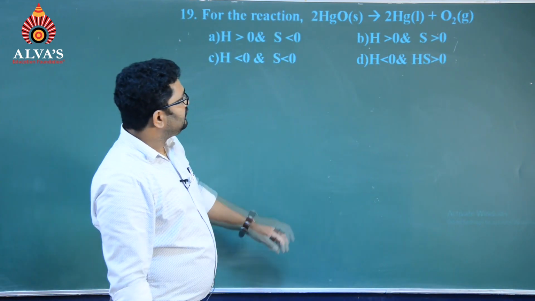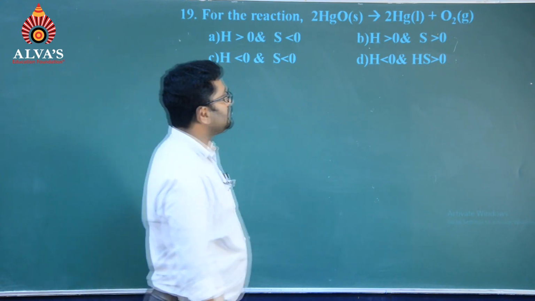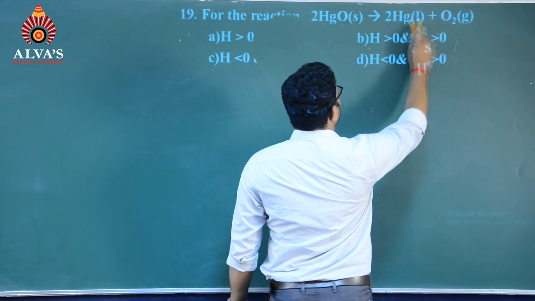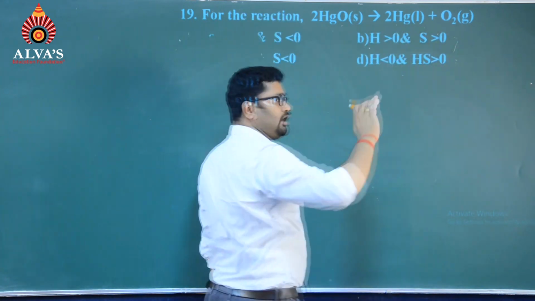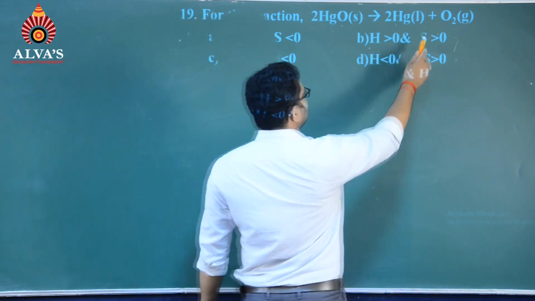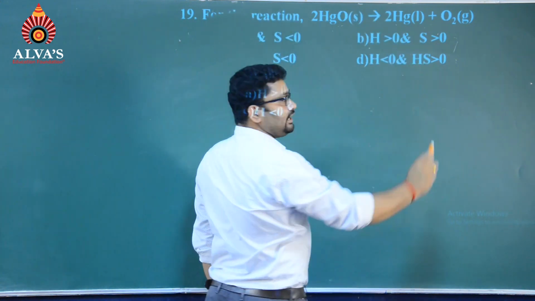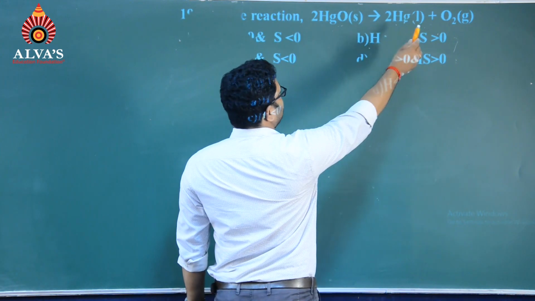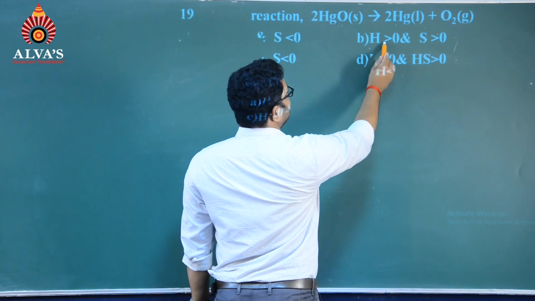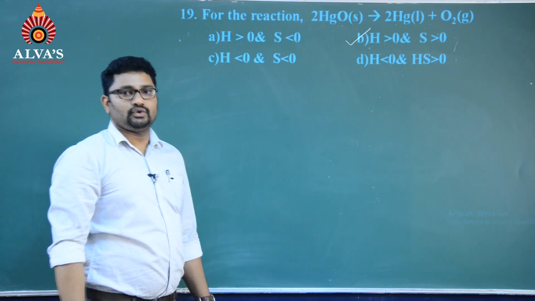Now, students, forward reaction is endothermic. Why? Because when you analyze the backward reaction, that is combustion of mercury, always the combustion reactions are exothermic. Hence, backward reaction is exothermic, forward reaction is endothermic. Being endothermic, forward reaction, H value should be positive, that is greater than 0. Option B is the answer for 19th question.